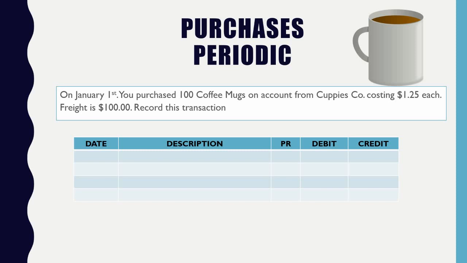So on January 1st, you purchase 100 coffee mugs on account from Cuppies Co. It costs you $1.25 each, and freight is going to cost you a total of $100. Record this transaction. So what am I going to journalize?